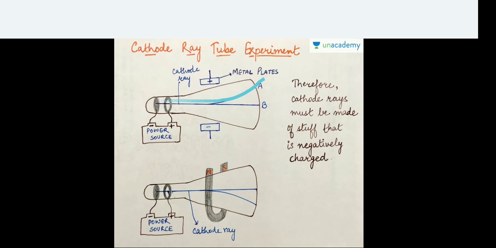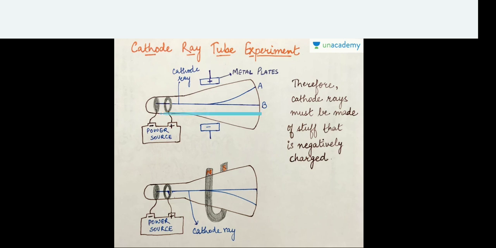Further, Thomson also stated that the amount of deviation, that is, the amount of bending of the particles from their path in the presence of an electrical or magnetic field, depends upon the magnitude of negative charge on the particle. That is, the more the negative charge, the more will be the bending.